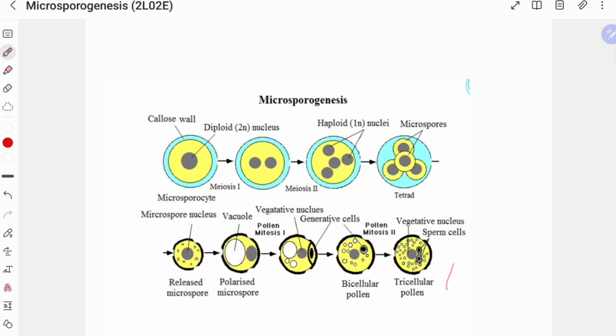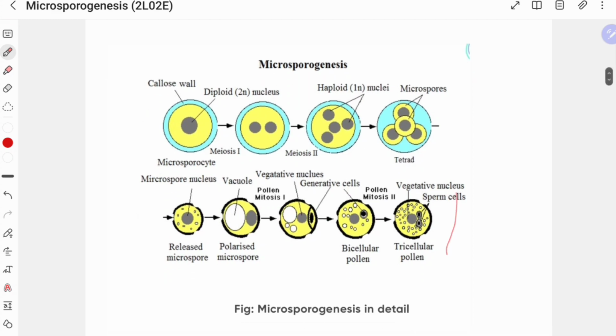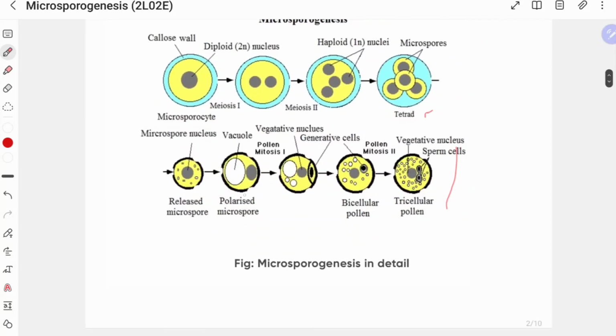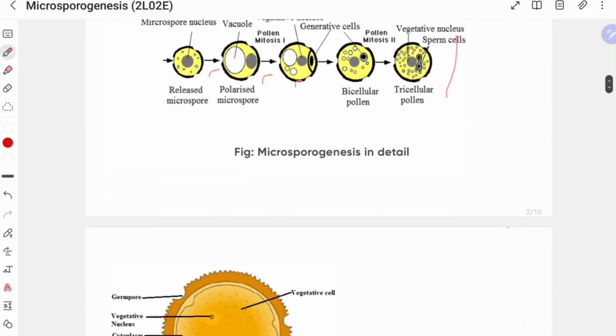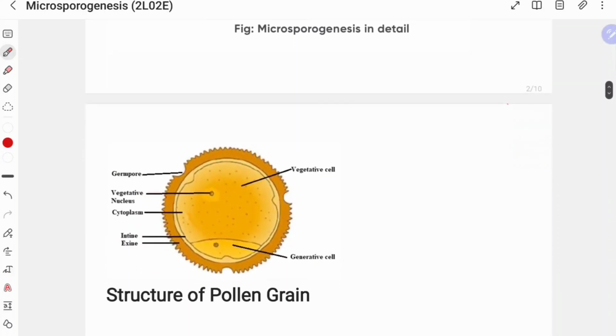Now this is the formation of the male gametophyte. Now you can see in this picture the details of the pollen grain structure.